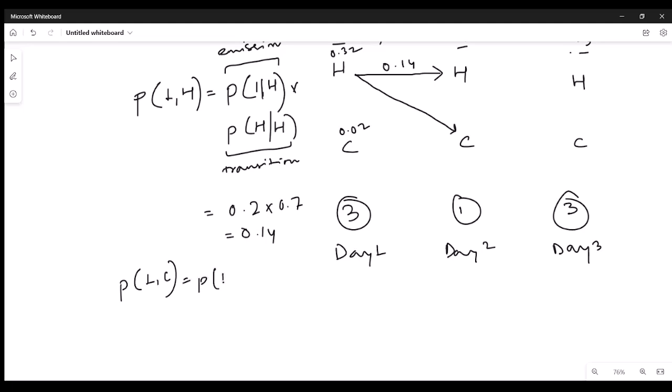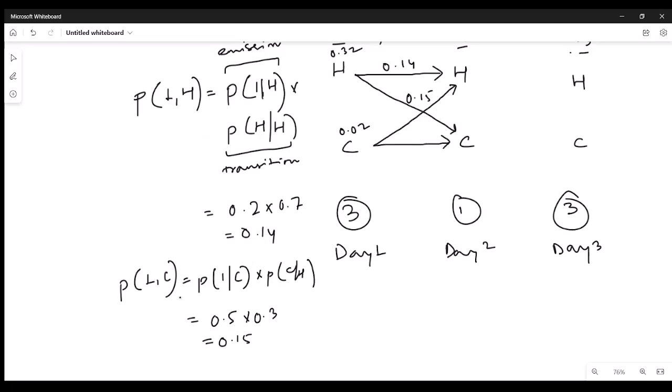So P of 1 given C into P of C given H. Now the value we can get from the emission matrix and the transition matrix is 0.5 into 0.3, which is equal to 0.15, and we can write this as 0.15. Similarly, we also need to find these other conditions in a similar process and with similar calculations. I give this calculation to your side. I'm just writing the answer.